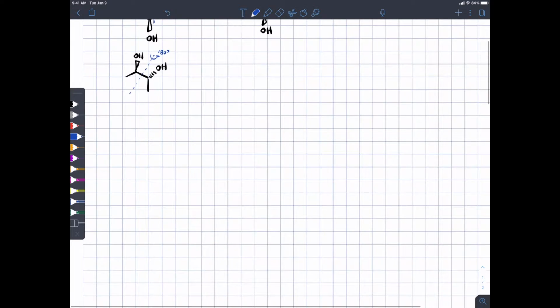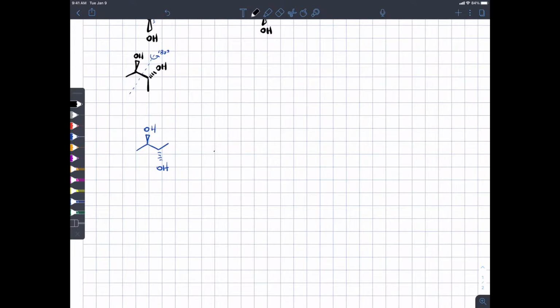I'll give them a molecule that looks like this, and I'll say, is it chiral or is it not chiral? And they'll look at that and they'll draw the mirror image, and they'll think, oh, it looks like those are stereocenters, therefore it must be chiral.